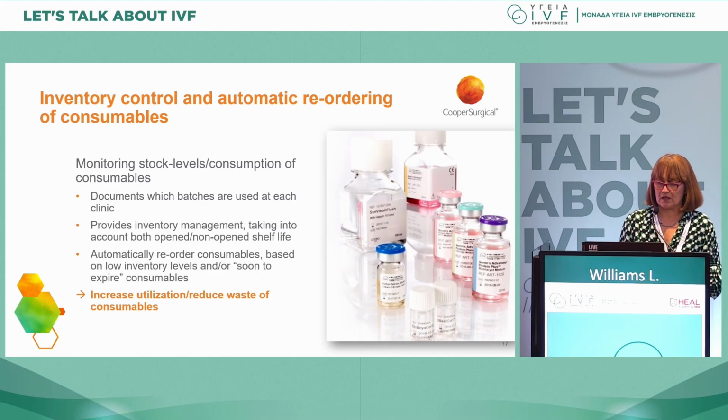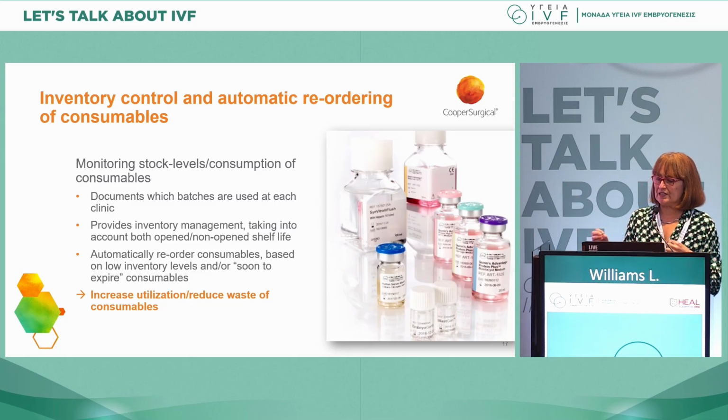As Demetrius said, we've already got tracking of our consumables, and it can associate, say, a media with a specific patient cycle. So if there is a recall, you can easily pull that data in a report rather than having to flip through loads of cycle sheets.